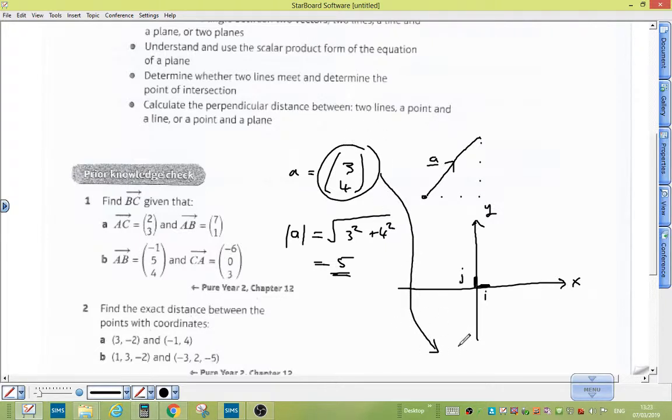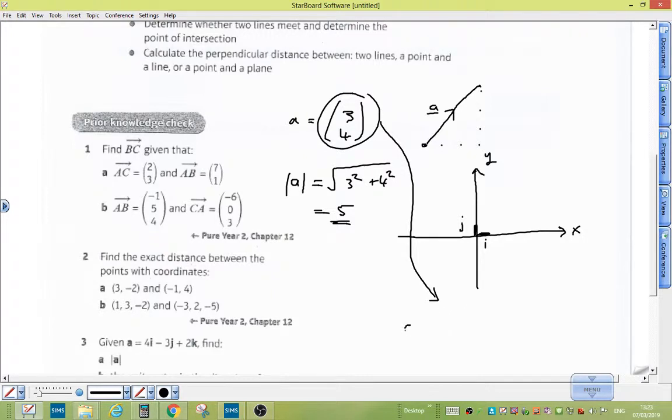This is called column format, and the next thing is A could be written as vector format. Vector format tells you how far you make this movement, which you know is 3, so we can write that as 3 i's. i gives you the direction, but also i represents size 1, so I can do 3 lots of that direction because it's size 1. 3i, and obviously then plus the 4j.